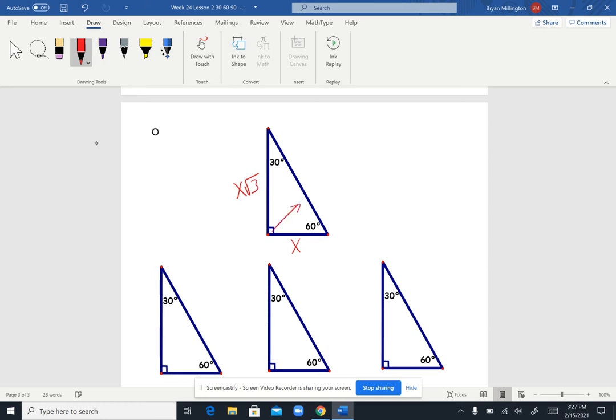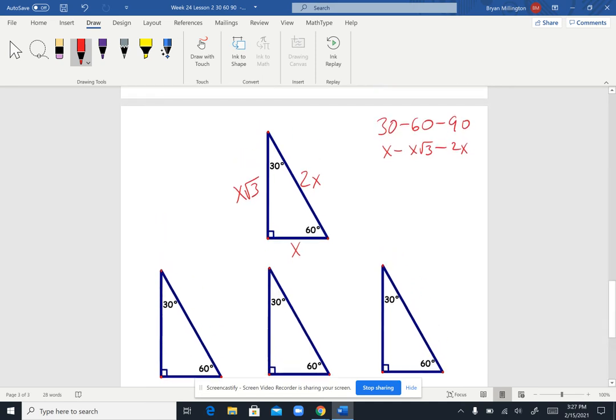And whatever one is the hypotenuse across from the right angle, that one's double. So that one's 2x. Sometimes people will write 30, 60, 90, and it's x, x root 3, and 2x. And that's our pattern there.